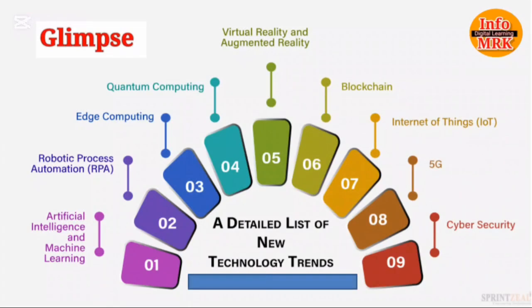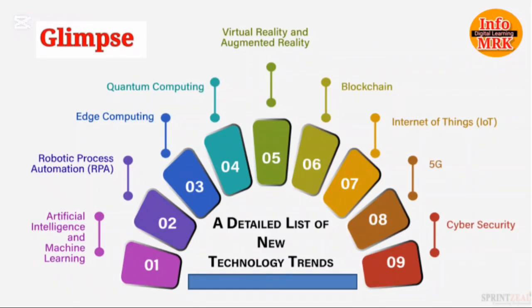This glimpse reflects a detailed list of new technology trends that are available. Number 1, artificial intelligence plays a very important role. Number 2, robotic process automation. Number 3, edge computing. Number 4, quantum computing plays a very important role. Number 5, augmented reality and virtual reality play a very important role.